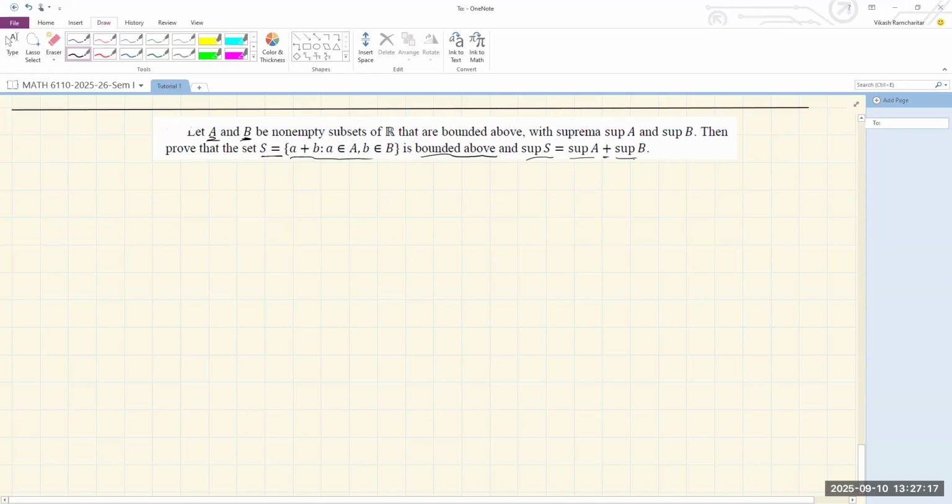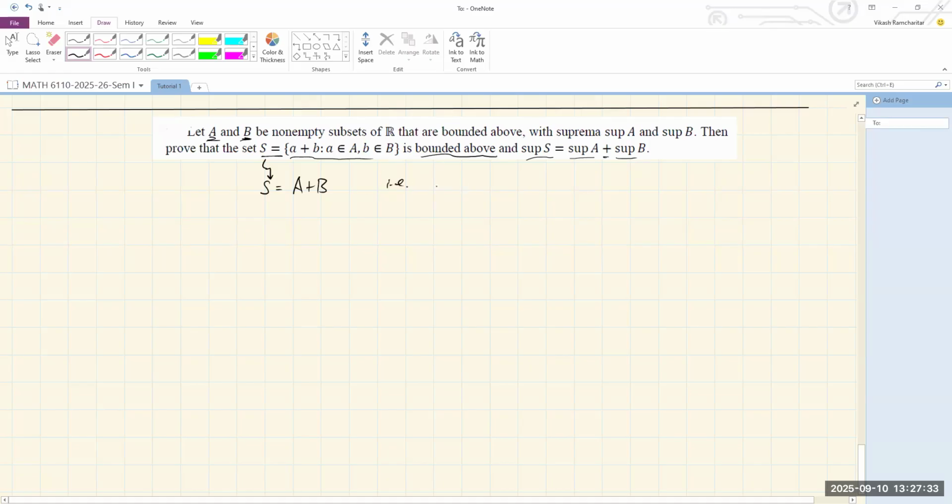And not only is it bounded above, the supremum of this set is simply the supremum of A plus the supremum of B. In other words, if we were to denote the set S by the symbol A plus B, right? So this is just a symbol to denote what this set S is.